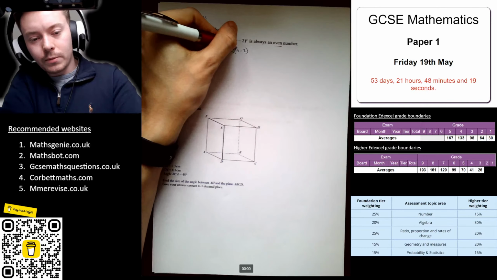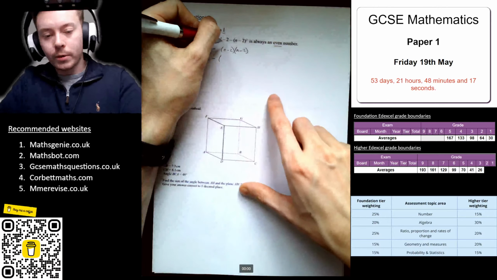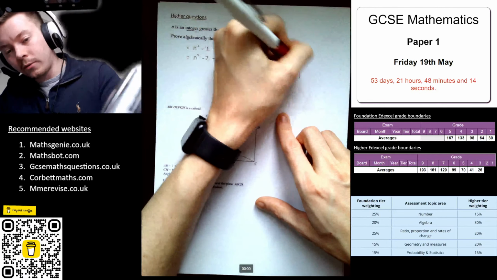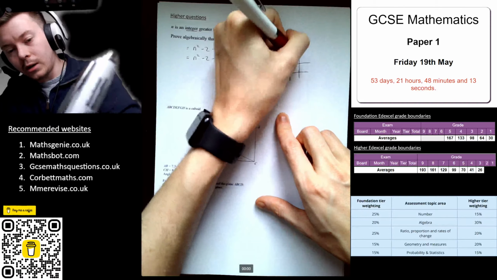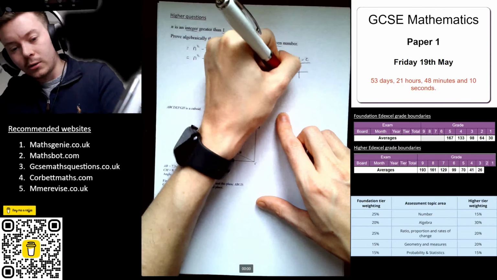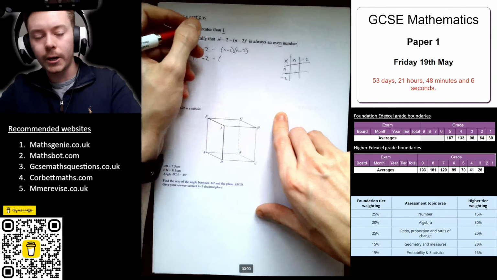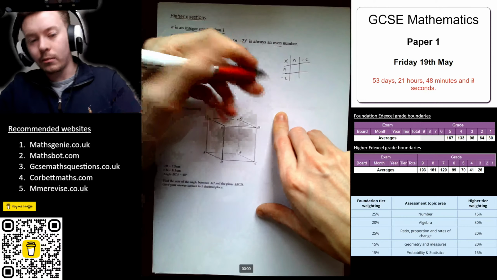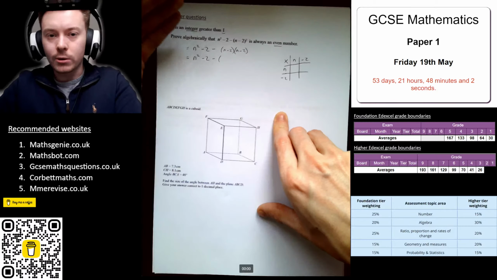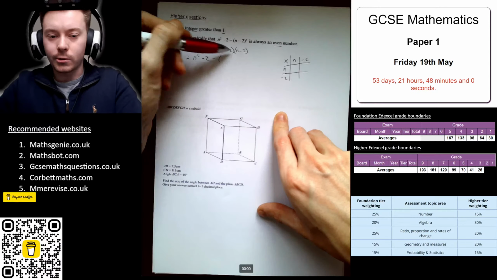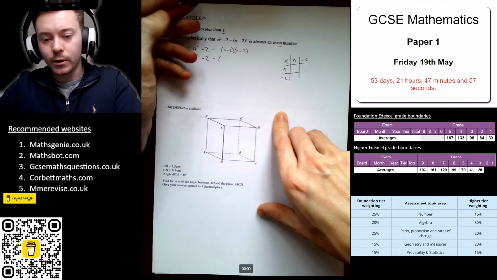We get n times n, and you can do this with a grid method if you like. A grid method for multiplying this out would be n take away 2, n take away 2, and it's a multiplication grid, so you can fill that in. Obviously the better you get at multiplying double brackets out, the easier it will be, to the point where you can just look at them and do them in your head, essentially.